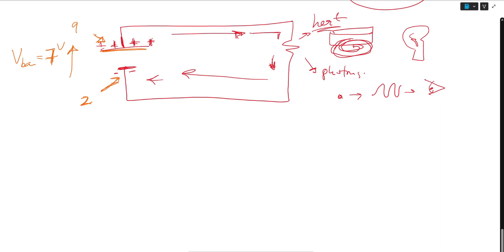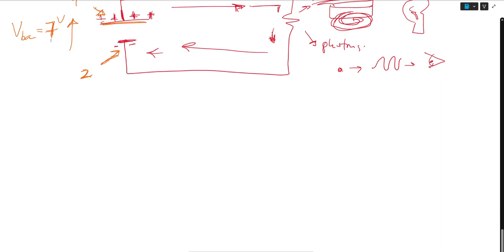Now, in order to continue, we have to define what's called ground. And ground, it's also a misconception in electrical engineering, in terms of we always consider ground to be 0 volts in a schematic, which is not necessarily the case.